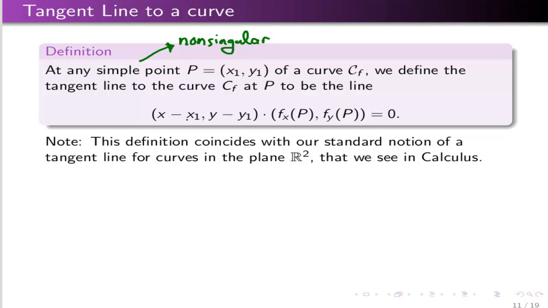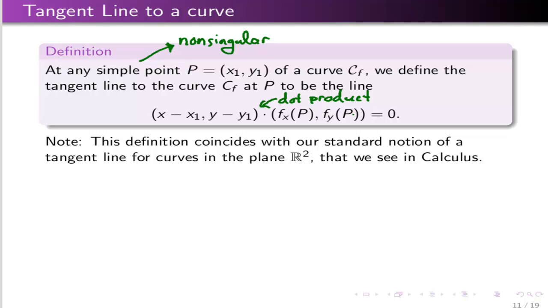So (x minus x1, y minus y1) dot product right there with the vector, this is the partial f partial x evaluated at P, and partial f partial y evaluated at P. Now where did I come up with such a definition?